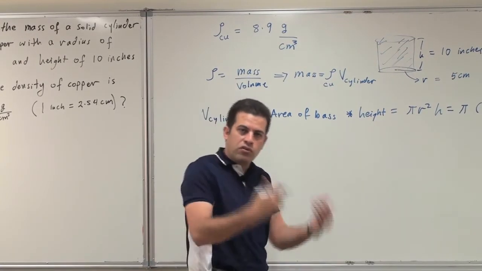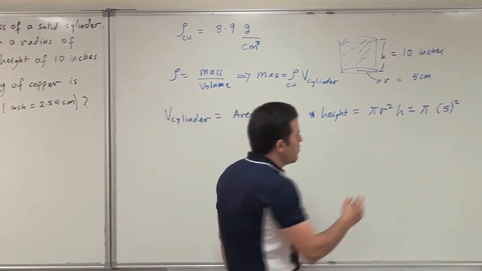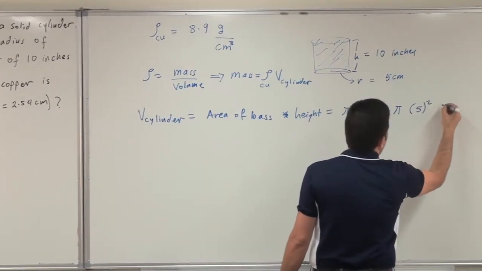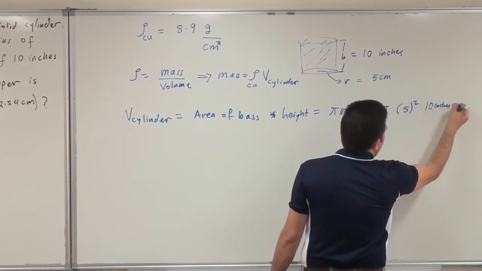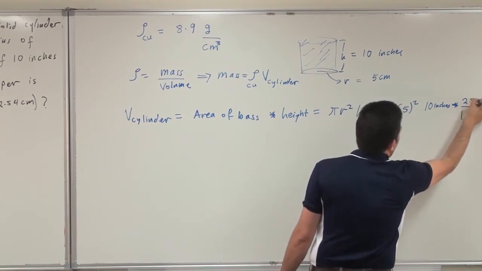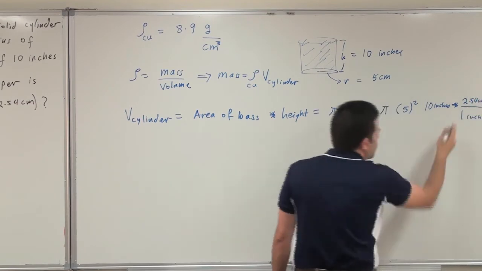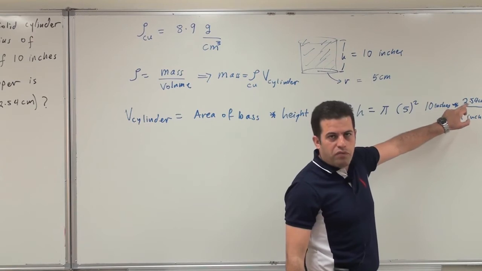So I need to convert this 10 inches into centimeters, by using unit conversion: 10 inches times 2.54 centimeters over 1 inch.